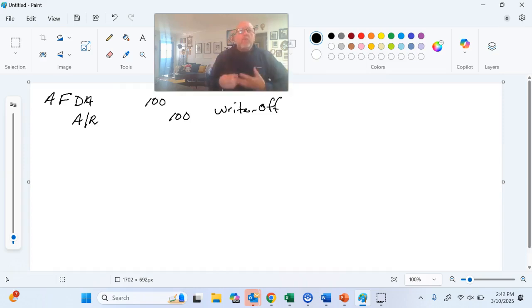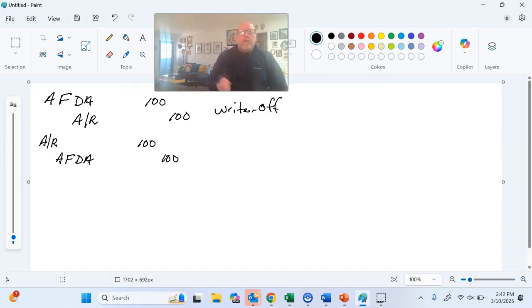So how do we record the recovery of an account that's been written off using the allowance method? What we want to do is put accounts receivable back on the books, $100, and then put more money back into allowance for doubtful accounts. Turns out Heath isn't the individual that we're ultimately writing off.